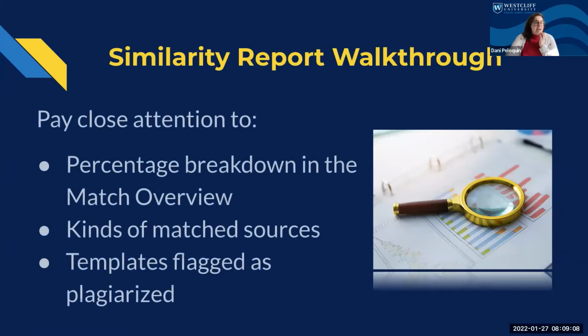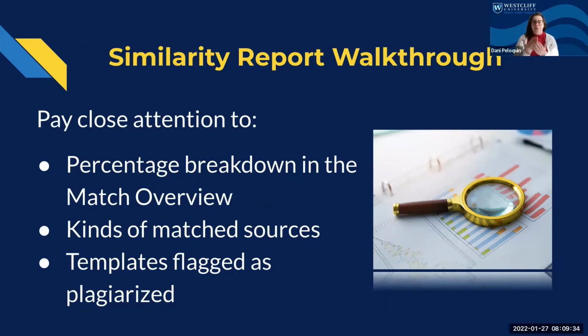And now I want us to pay close attention. I'm going to lead you through a walkthrough of what the similarity report looks like. As I go through, I want you to pay close attention to the percentage breakdown that's going to appear in the match overview. I also want you to note the kinds of match sources that are showing in that right-hand panel. And then I want us to think about the fact that some of these are templates.